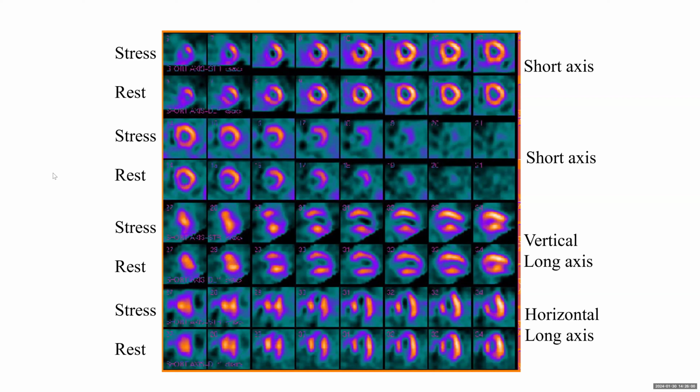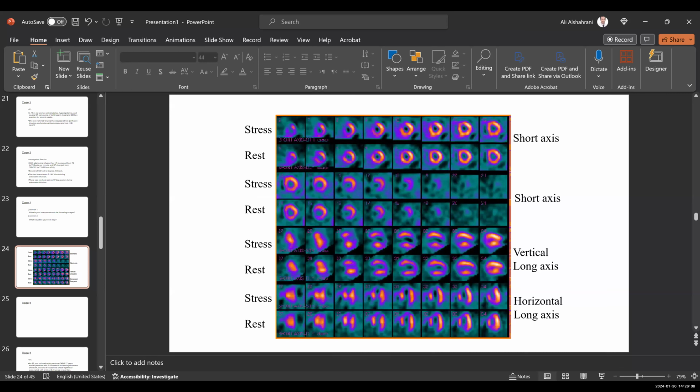How do you classify the risk in this study or this scan? It looks like it involved more than one coronary territory, the LAD and RCA. So I will go with intermediate to high.